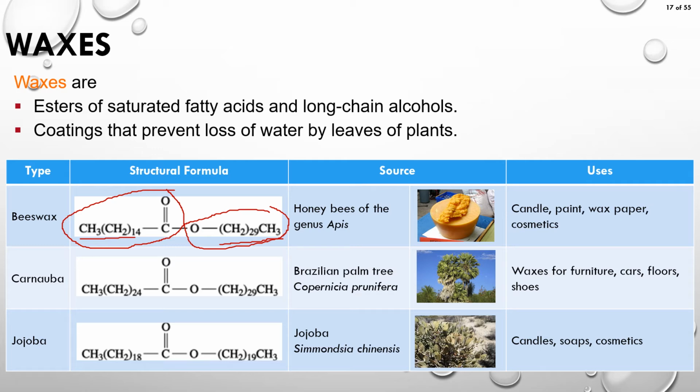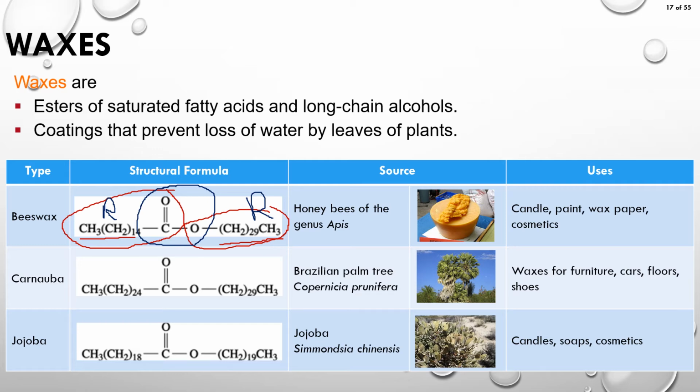So this is an ester because you have here the R group, and then the carboxylic group, the C double bond O, O, and another R.